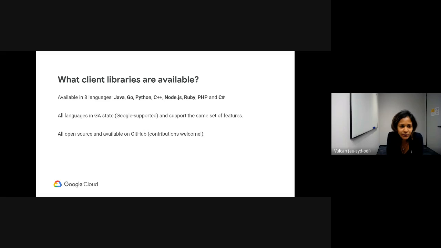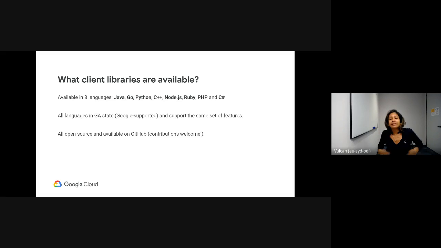Great. All right. So now that we know why we would use client libraries, what languages is it available in? We have it in 8 languages. These are listed here. And all of these languages are in what we call a GA state, so it is fully supported by Google, and they have pretty much the same set of features.